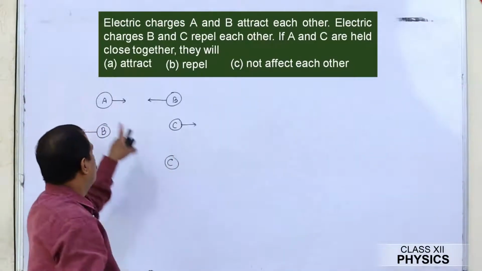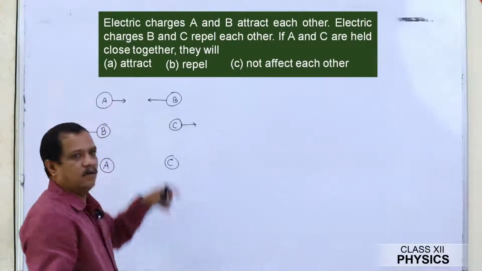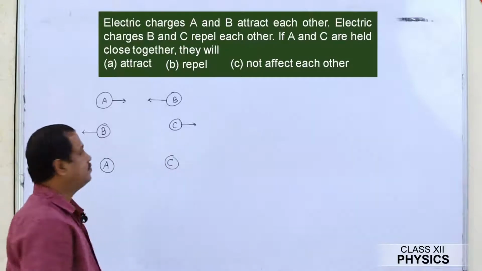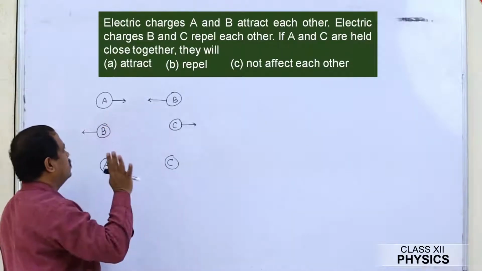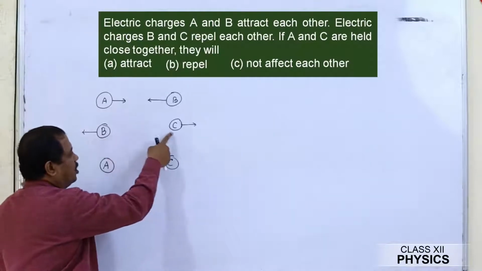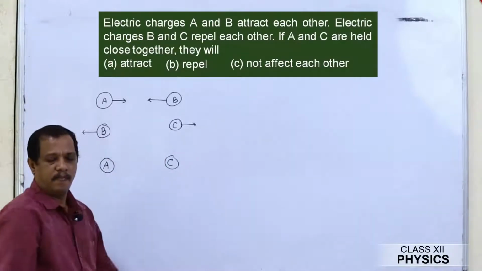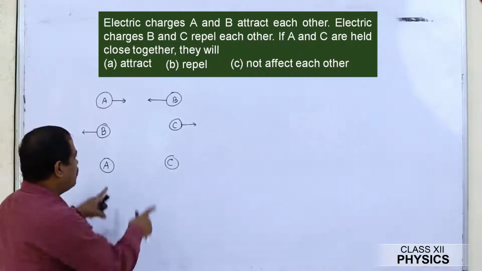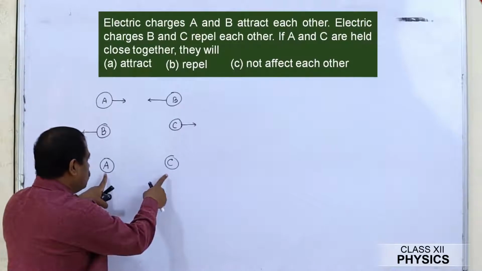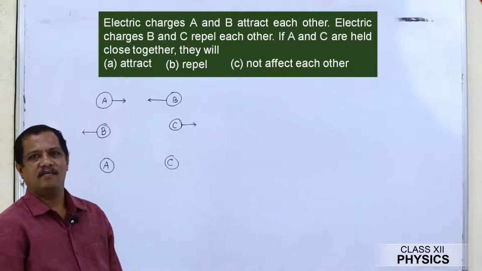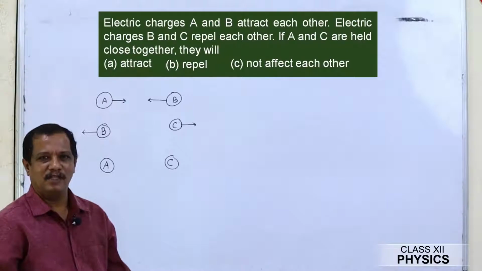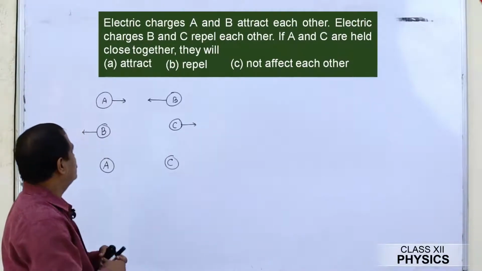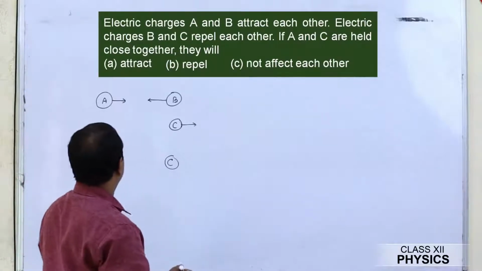Two bodies A and B, when held together, attract one another. These are all charged bodies. When body B and another body C are held together, they repel each other. Now the question is, what will happen if charged bodies A and C are held together? The nature of force will be attractive, repulsive, or it will not have any effect. Let us have a glance at the solution.